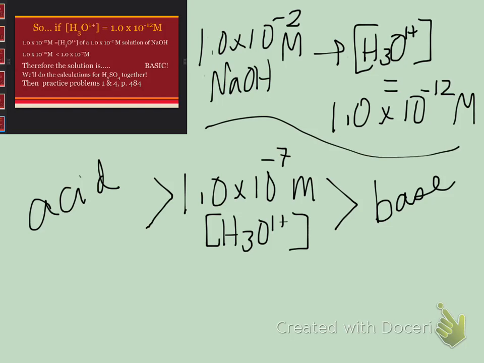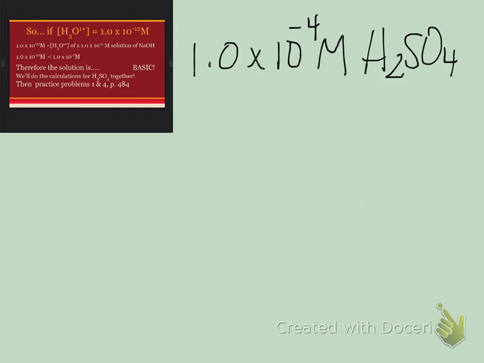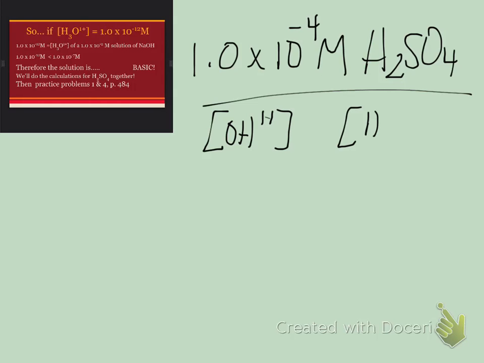So that sodium hydroxide solution was a base. Okay, so given this 1.0 times 10 to the negative 4th molar solution of H2SO4, this is relatively dilute. This is not a highly concentrated solution of sulfuric acid. Let's figure out the hydronium and hydroxide concentrations for this, okay?